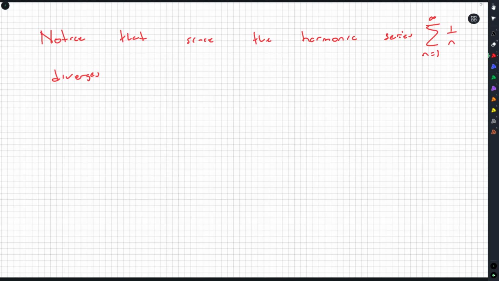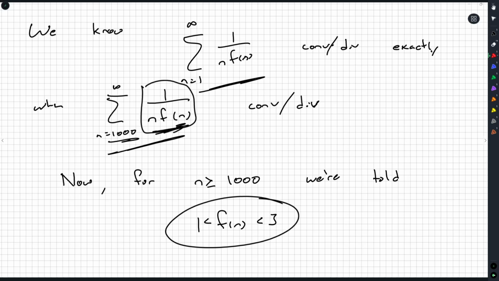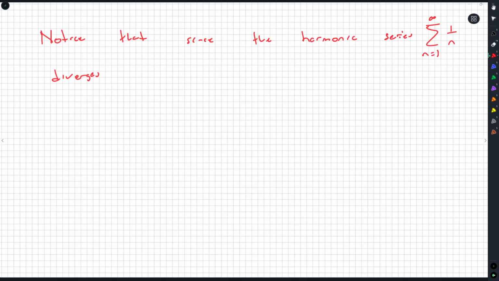Now you've got to watch out, because we're not dealing with starting at 1 for our sequence here. We're starting at 1,000. So because the harmonic series diverges, I can confidently say that any tail of it diverges. And so any multiple of this divergent thing also diverges.